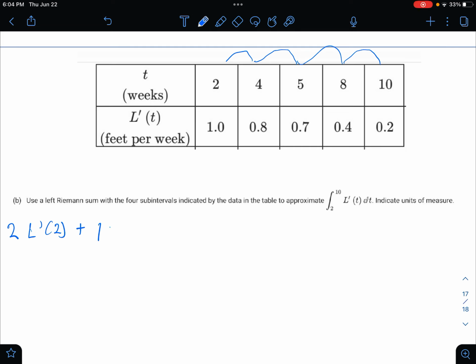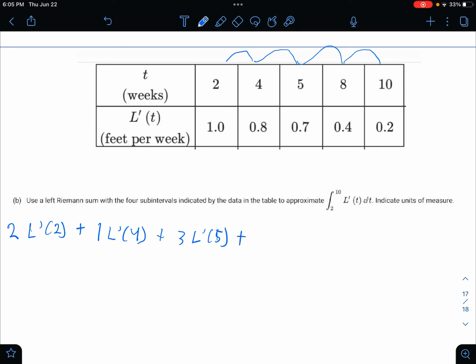So it's 1 times L prime of 4. Now we add our next subinterval, 5 to 8. The difference between 8 and 5 is 3, so 8 minus 5 is 3, right? That's our third subinterval, and we multiply this by L prime of 5.